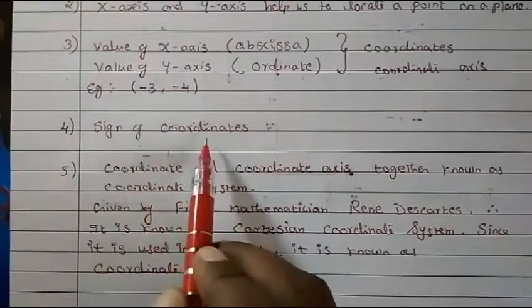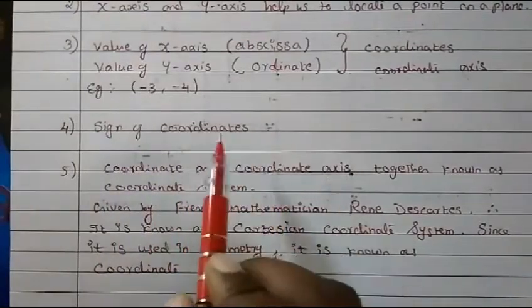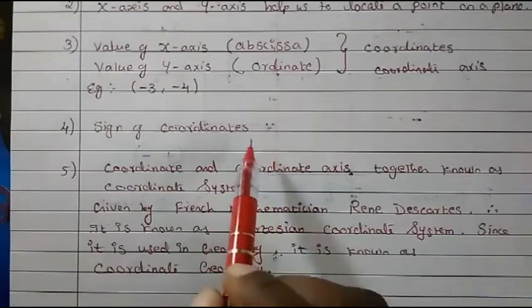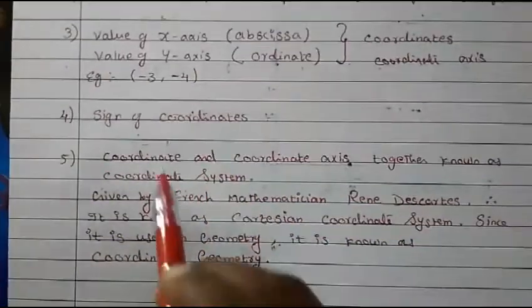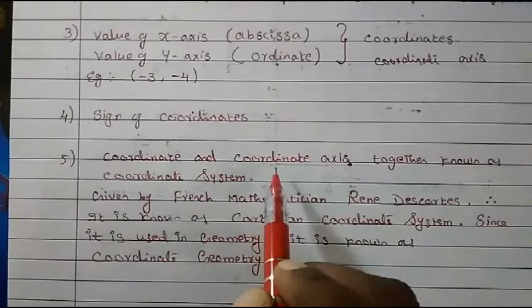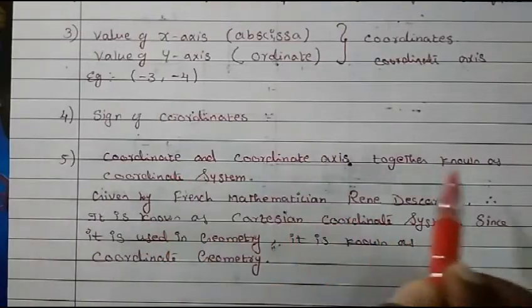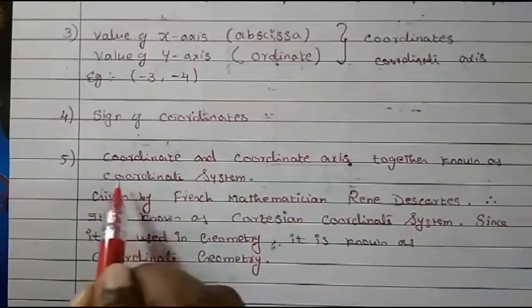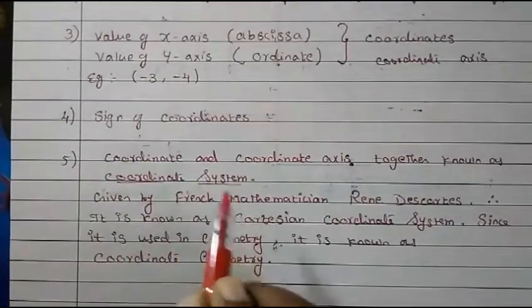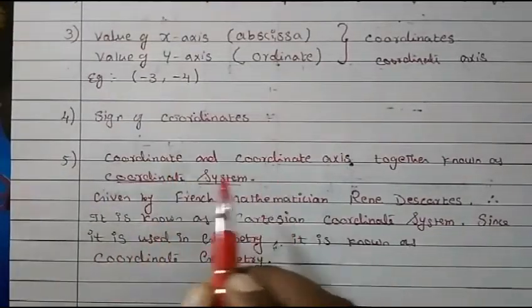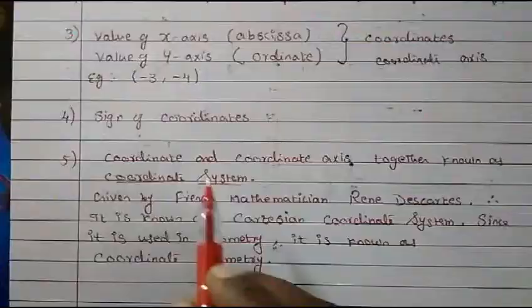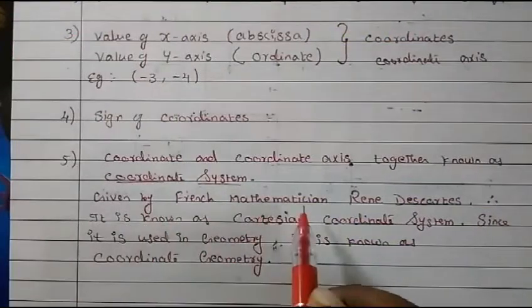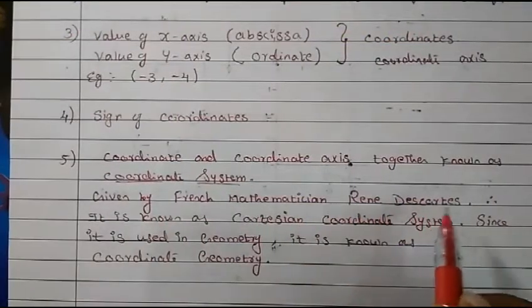Then we also studied the signs of the coordinates: what sign each of the first, second, third and fourth quadrants has. Now you know what the coordinates are and what the coordinate axes are. Both together are known as the coordinate system. So the coordinate system means the coordinates and the coordinate axes. It was given by the French mathematician René Descartes.